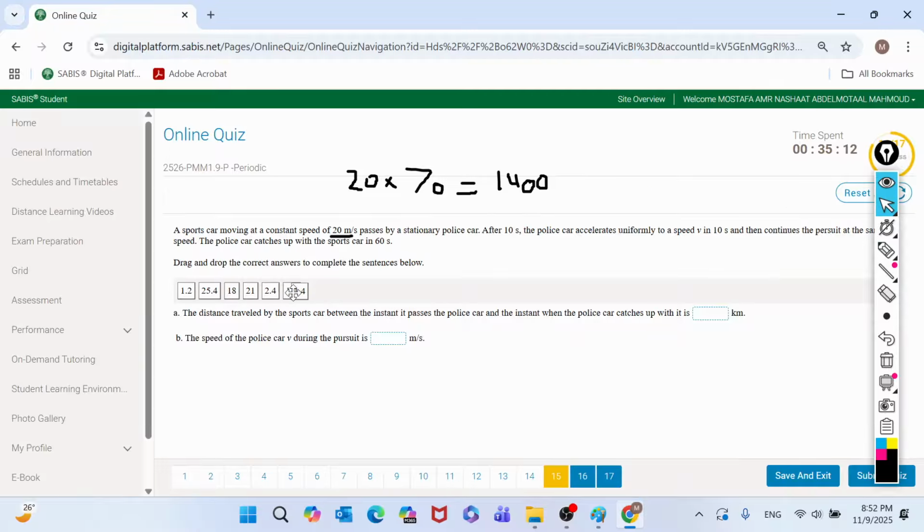So that's 1.4 kilometers, right? Now, for the police car to catch up to the sports car, their position is the same because they're next to each other. So 1,400, which is the position of the sports car, is going to equal the position of the police car.